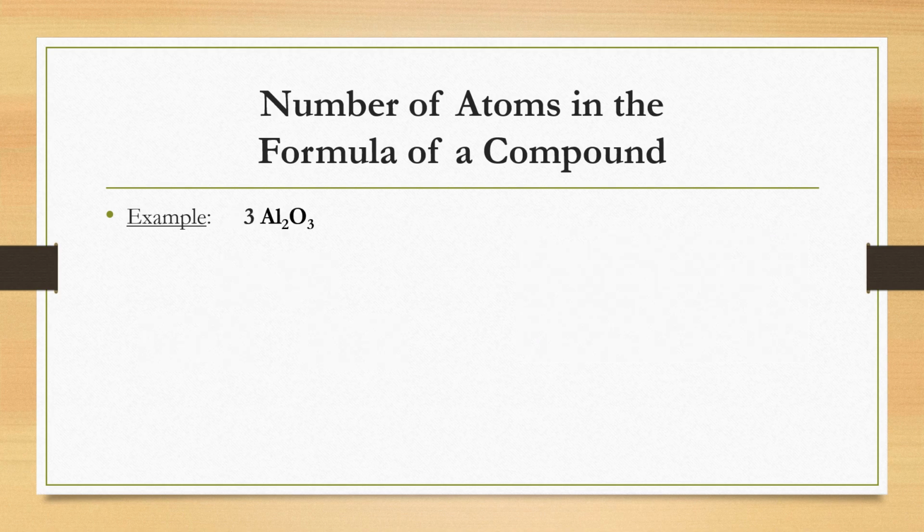Let's have a look at another example, Al2O3, which is aluminium oxide. You will notice that there is a coefficient 3 in front of Al2O3. This means that there are 3 units of Al2O3 here.